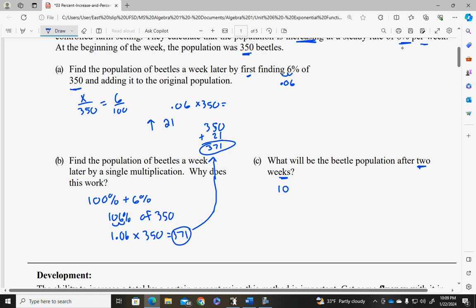So it's still 106%, but this time it's not of 350. This time it's of 371 because it's a 6% increase on the week before. So if we move this decimal two places, we're doing 1.06 times 371.